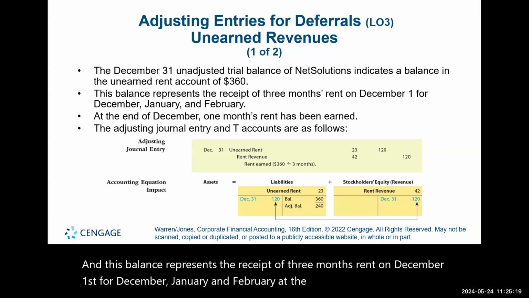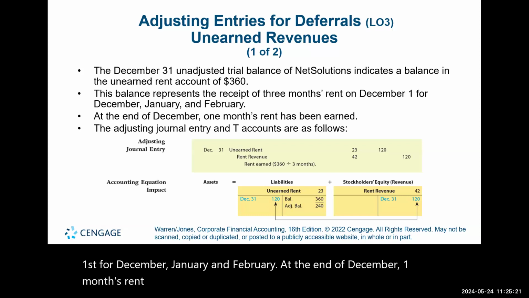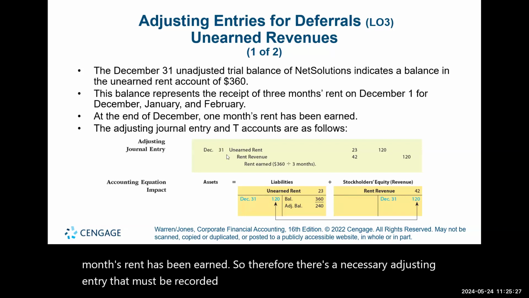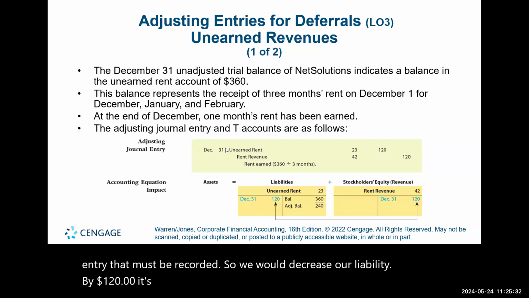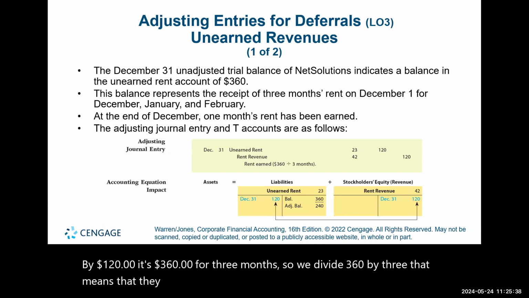At the end of December, 1 month's rent has been earned. So therefore, there's a necessary adjusting entry that must be recorded. So we would decrease our liability by $120. It's $360 for 3 months. So we divide 360 by 3. That means that they earn $120 per month.